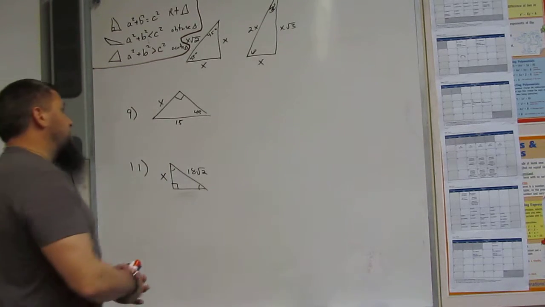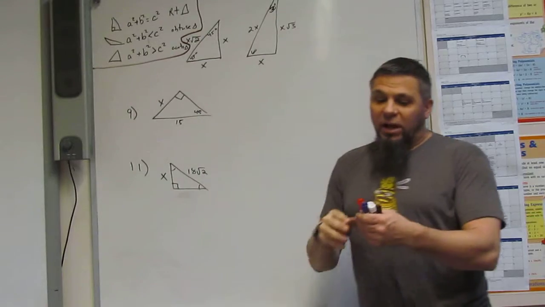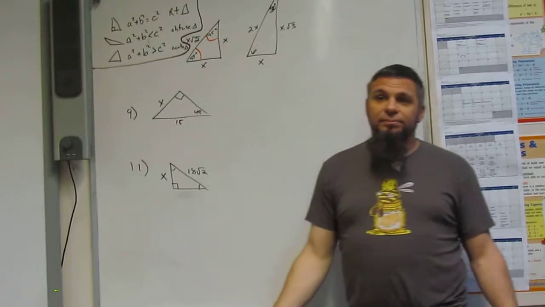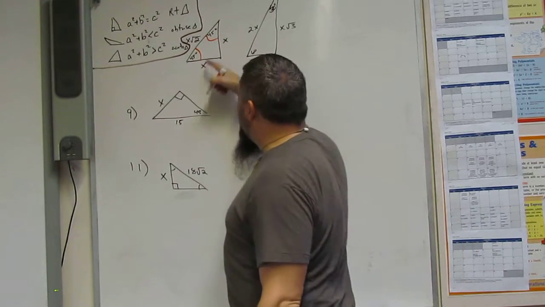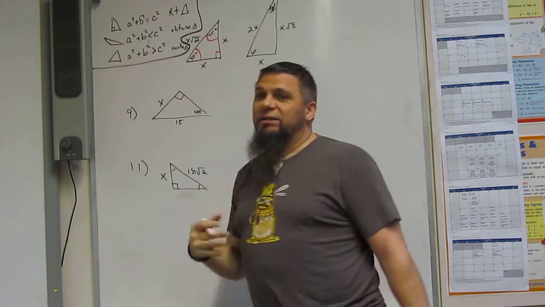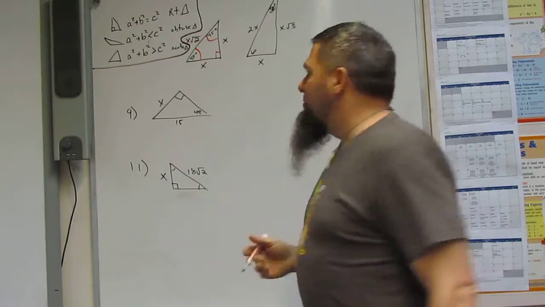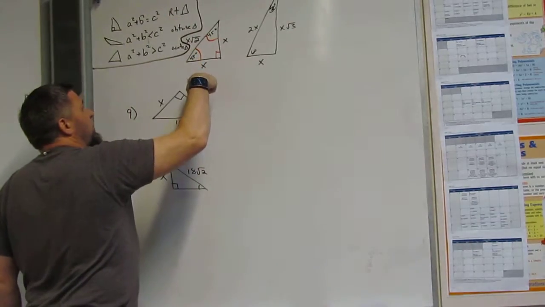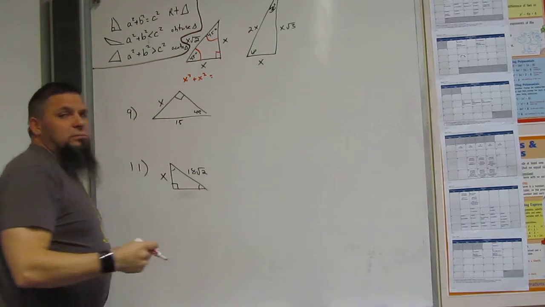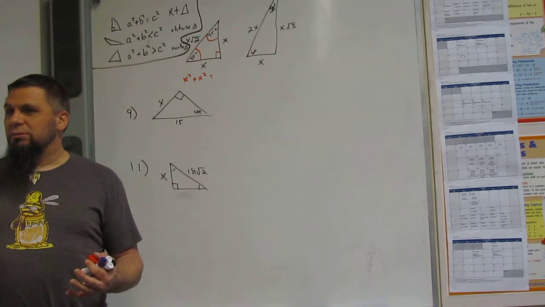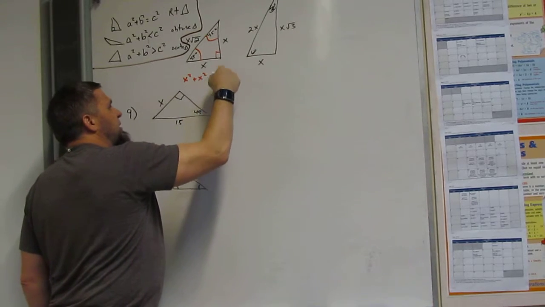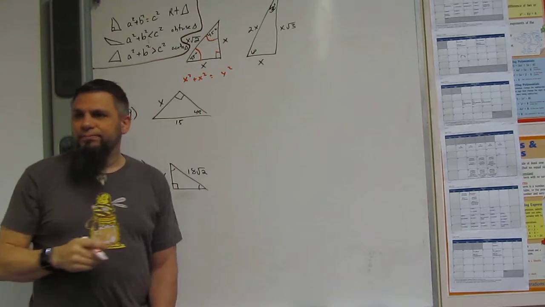For today's stuff, we have a 45-45, which, keep in mind, are congruent angles, right? So with a 45-45, we have x and x and this hypotenuse. The hypotenuse is x square root 2. If we think about that in the Pythagorean theorem, we have x squared plus x squared equals an unknown, y squared, right?